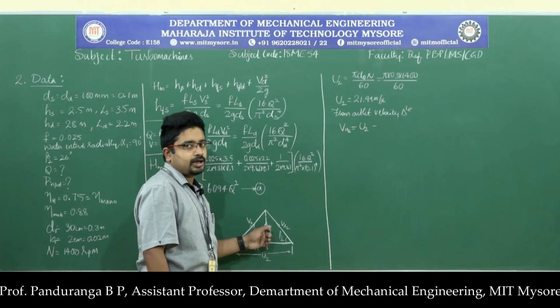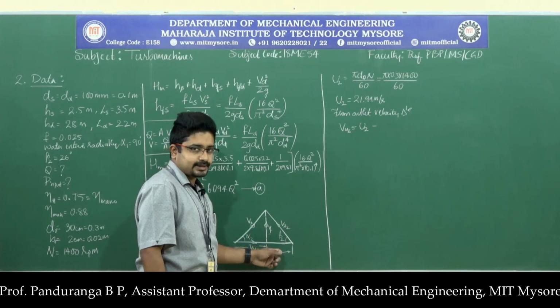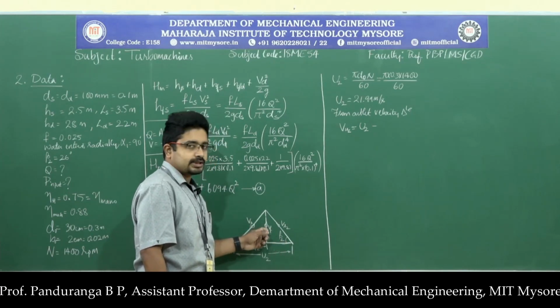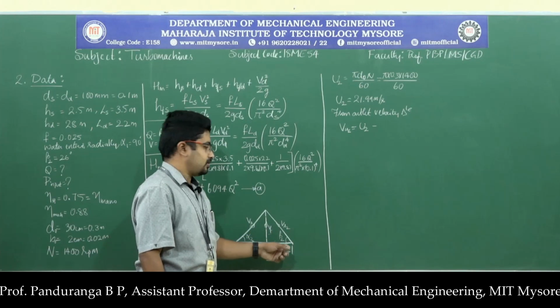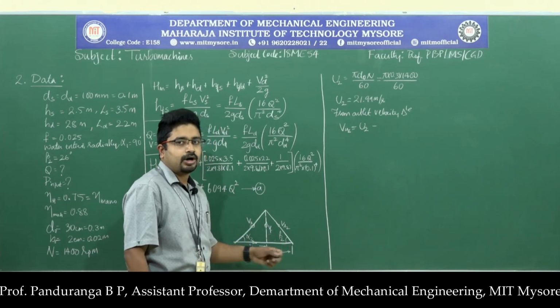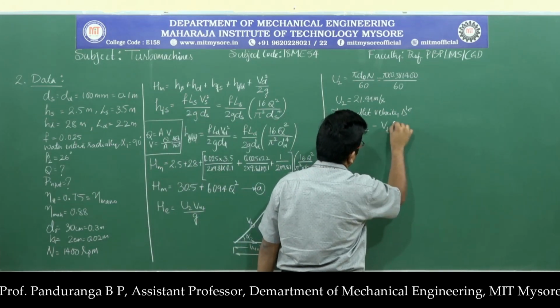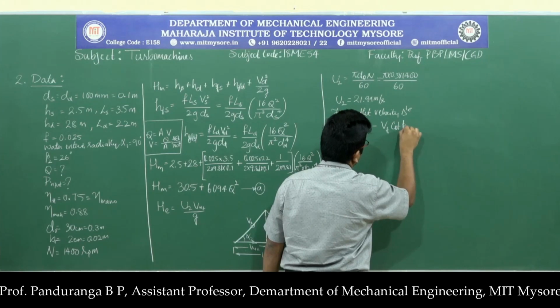Cot is adjacent by opposite. So cot beta 2 will be equal to adjacent, which is X, divided by opposite, which is Vf. So I can write X will be equal to Vf into cot beta 2. So it is my U2 minus Vf into cot beta 2.